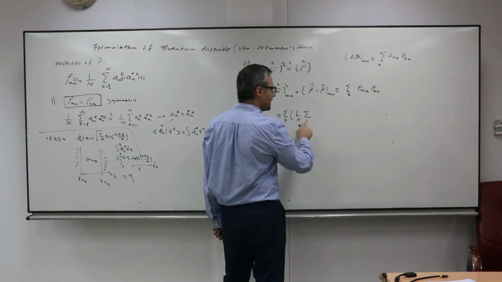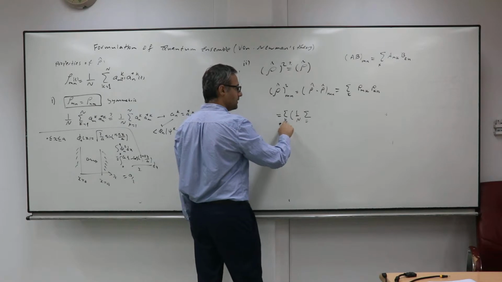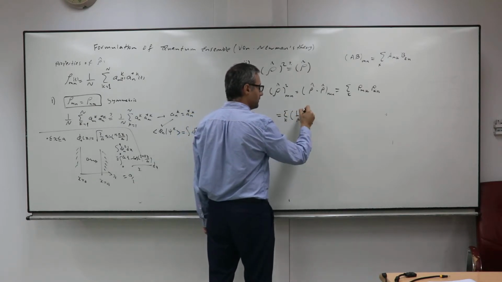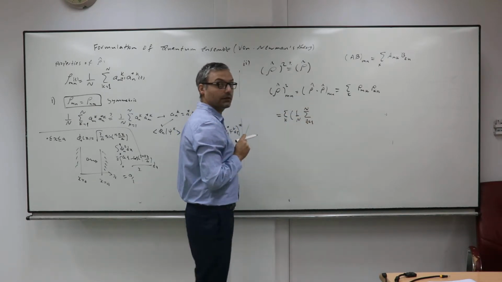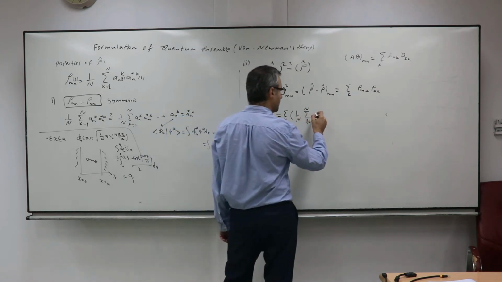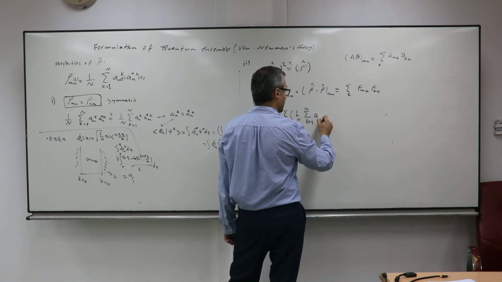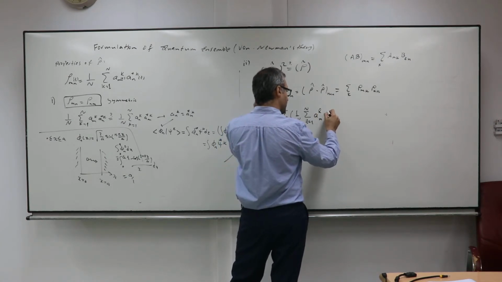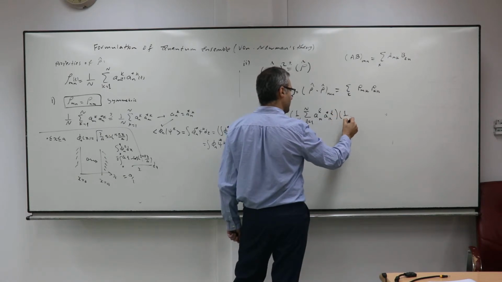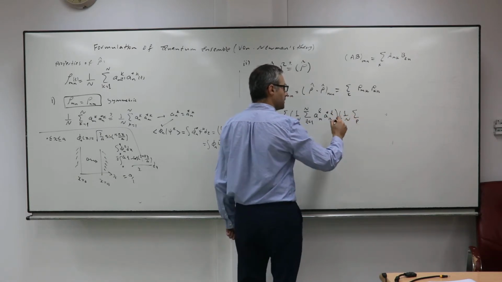I cannot use the same letter k because k is used here, so I use L as an index for the element of the ensemble. P, for example, I use it.